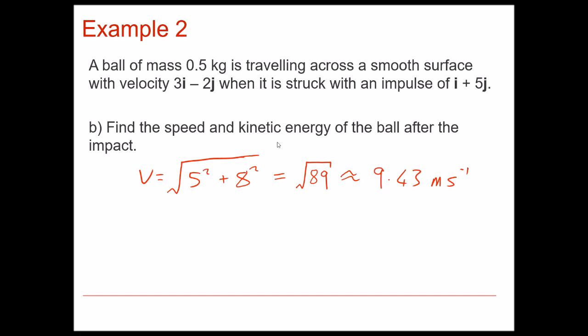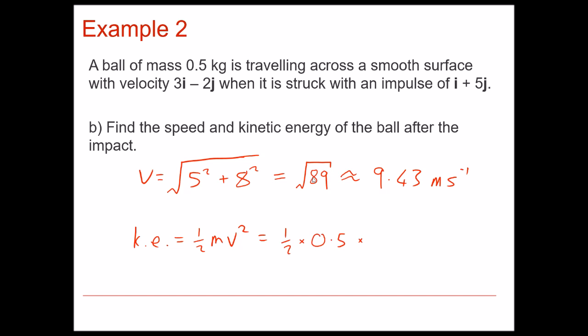And we're also asked for the kinetic energy. Remember, the kinetic energy is a half mv squared, so that is a half times the mass, which is 0.5, times the square of the speed.